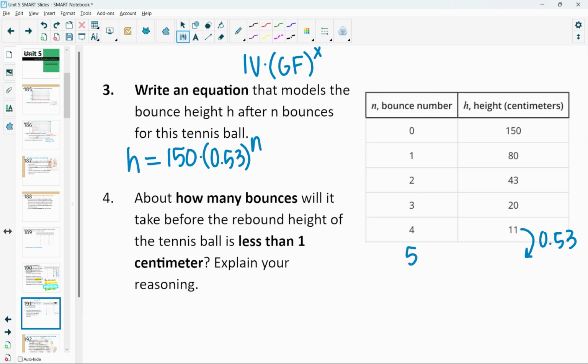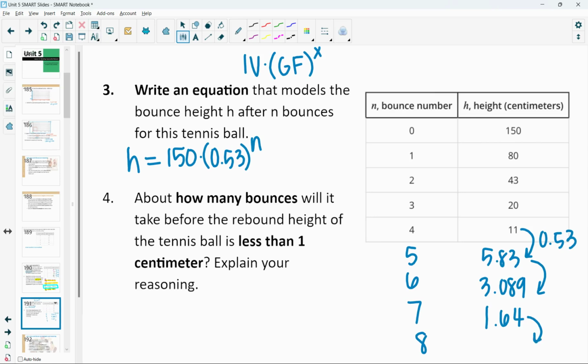So I'm going to do 11 times 0.53 and get 5.83. Then at 6, I would multiply it by 0.53 again and get 3.089. Okay, seventh bounce, so multiply by 0.53 again, and I would get 1.64.